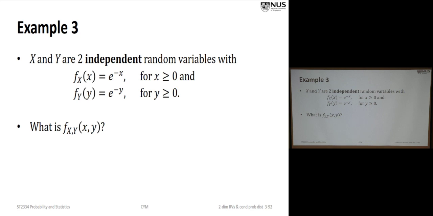Because the range over which the functional forms of f of x and f of y are valid is the positive real line, which takes uncountably infinitely many values. So they are continuous. Now we only know a part of the information: how x behaves and how y behaves. So can we get the joint probability function? The answer is no in general.